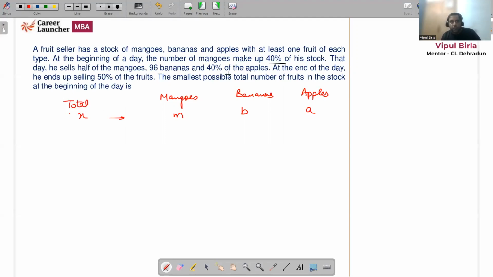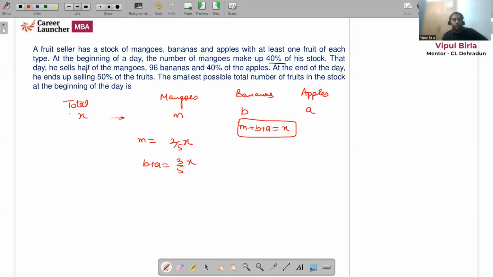At the beginning of a day, the number of mangoes makes up 40% of the stock. So basically M is 2/5 of the total. So therefore B plus A is equal to 3/5 of the total. And I know M plus B plus A is equal to X.